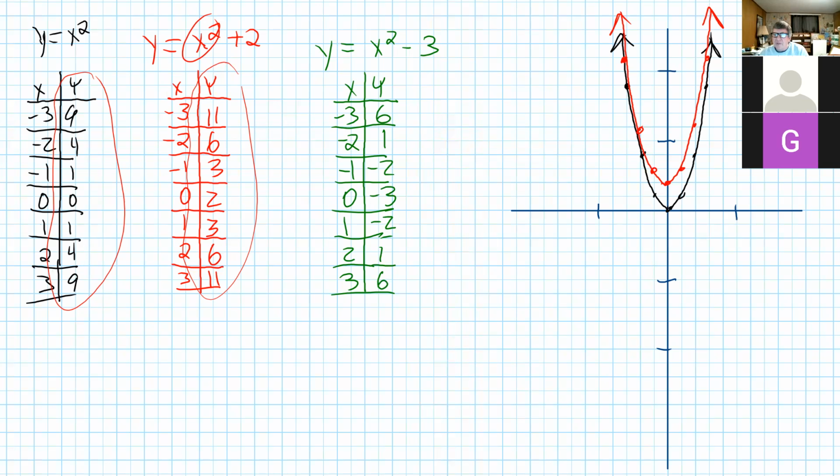So what's my graph going to look like compared to the black graph? Move downward. How far? 3 units. Excellent. So let's see, 1, 2, 3. See, I'm not even using the table. I'm just going in here and saying, I'm just going to move those values down 3 units.